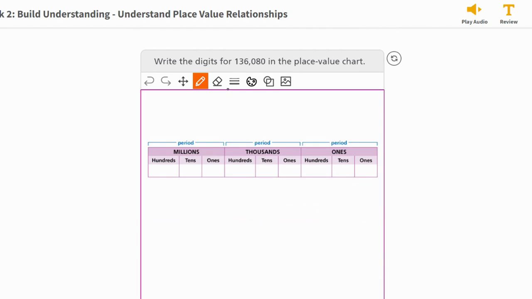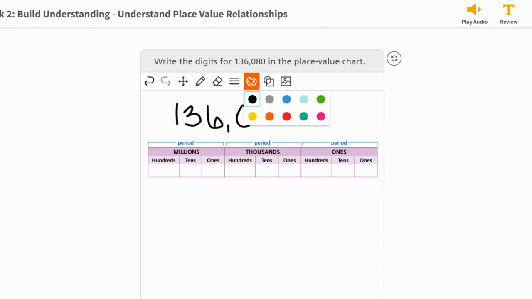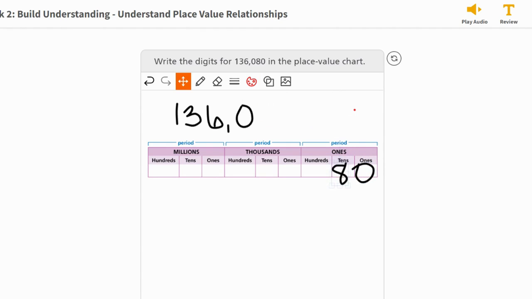What we're going to do is write 136,080 in the place value chart. I'm going to just rewrite the number here. You do not have to rewrite this part. But I like to start over here on the right-hand side. So with the number, 0 goes in the ones place, 8 goes in the tens place, 0 goes in the hundreds place.